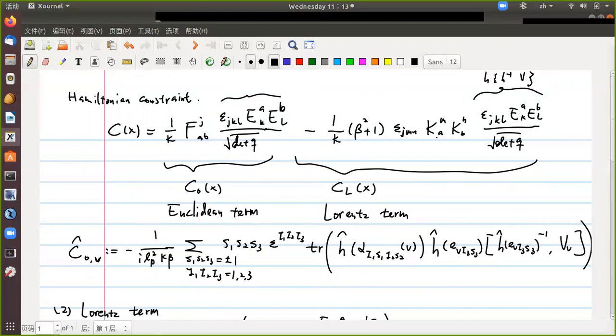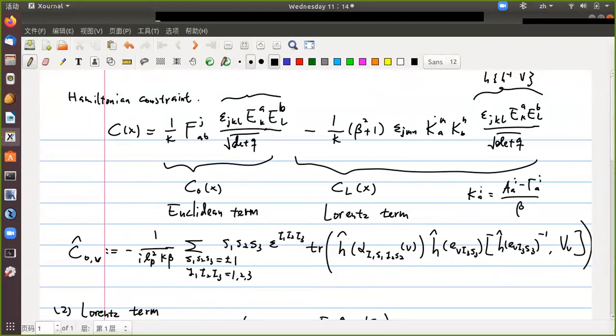But I put a K here, so it means that this K is actually 1 over beta times A minus gamma. Because the Ashtekar connection A is gamma plus beta K. So therefore K is A minus gamma divided by beta.